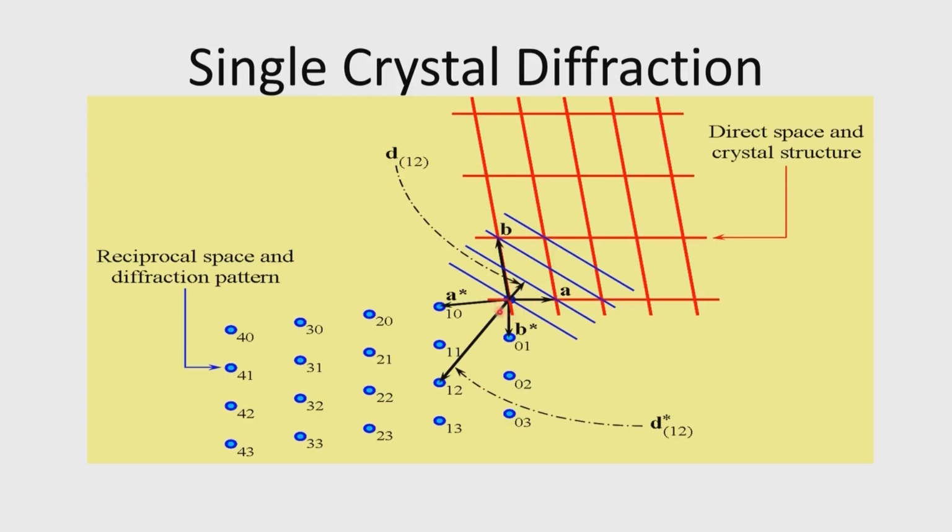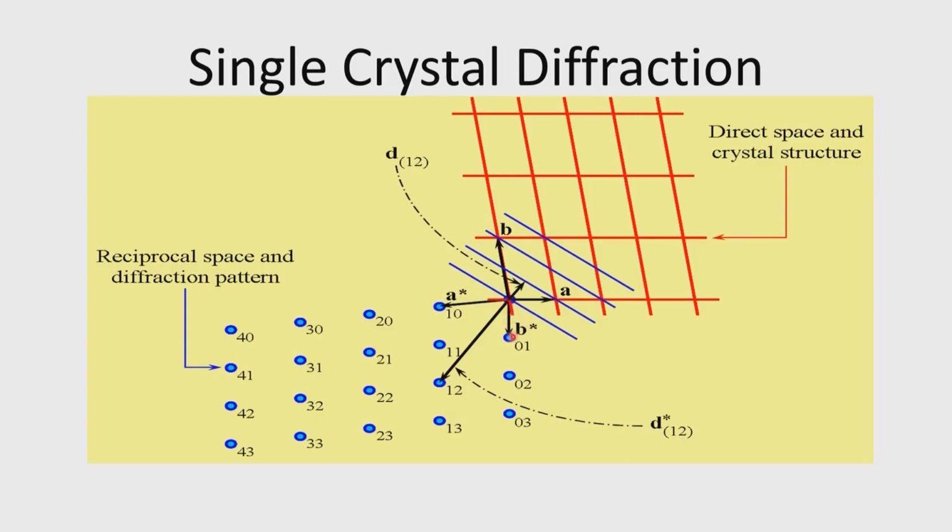The angle between A star and B star will be 180 minus gamma, because this whole thing has to be 360 degrees.